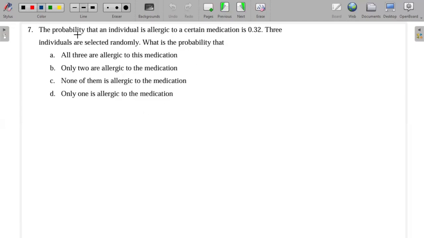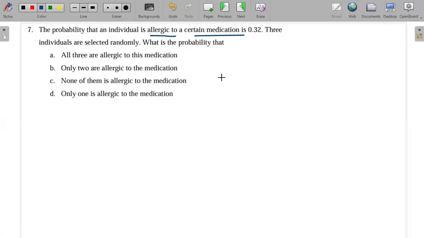They're saying the probability that an individual is allergic to a certain medication is 0.32. Three individuals are selected randomly. What is the probability that all three are allergic to this medication? Only two are allergic to the medication. None of them is allergic to the medication. Only one is allergic to the medication.